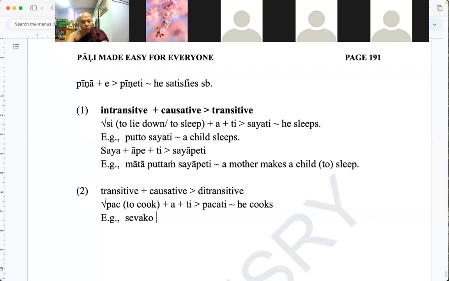She will go, ordinary budget. So a servant cooks the rice.